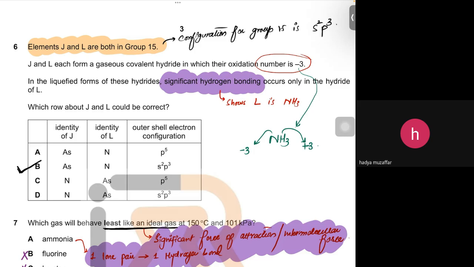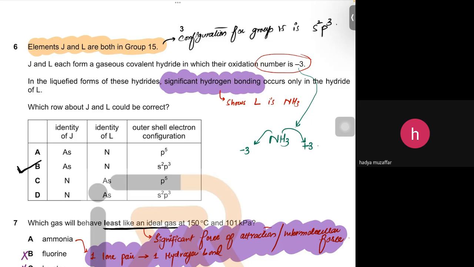Significant hydrogen bonding means that it should be nitrogen, because we have discussed in chemical bonding, in intermolecular forces, that hydrogen bonding is present in ammonia, like in nitrogen, fluorine, and oxygen compounds. So nitrogen is one of them. So I would be mentioning A and B.